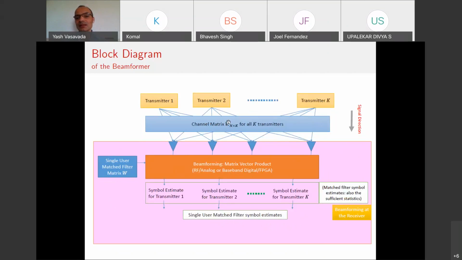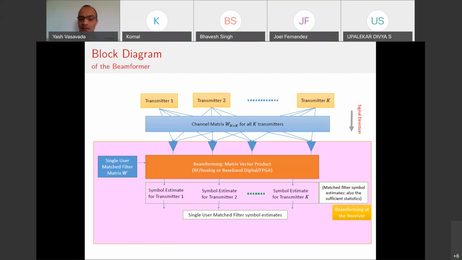So let us still keep on calling this W. The single user matched filter is the same as W, except what is going on inside this beamformer is that we take W conjugate, or specifically W Hermitian transpose, the complex conjugate transpose of W, and multiply that with the received vector. And as a result, we get the symbol estimates for transmitter 1, transmitter 2, and up to transmitter K.